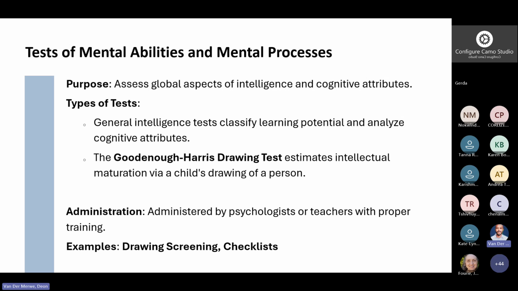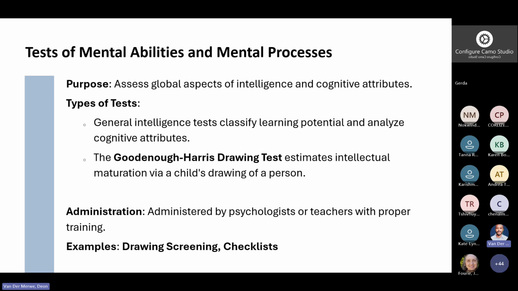And the purpose of the general intelligence test is to just assess the global aspects of intelligence. Now, the information from this test just allows you as the assessor to classify a student in terms of their potential.